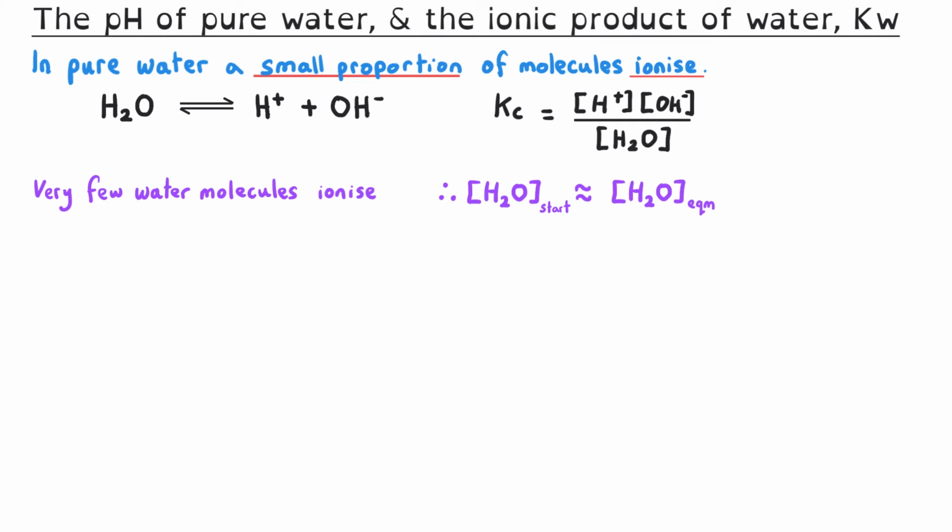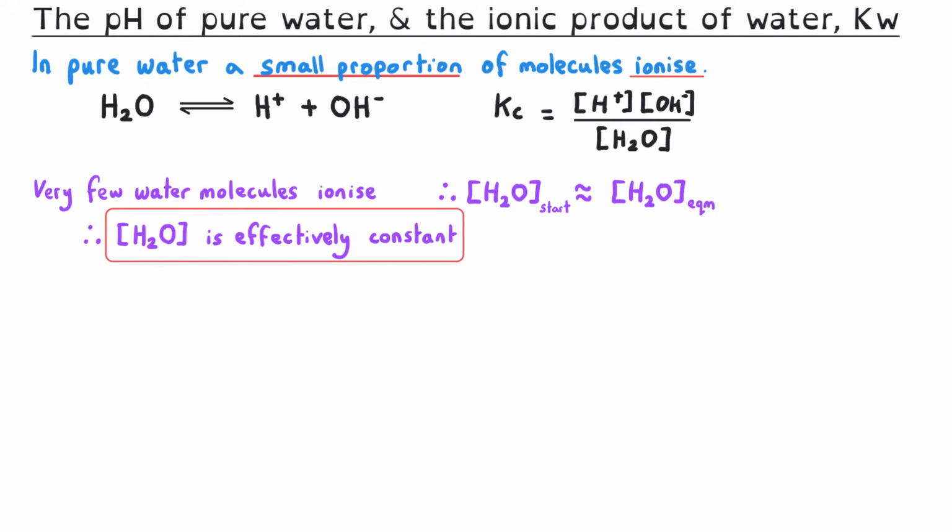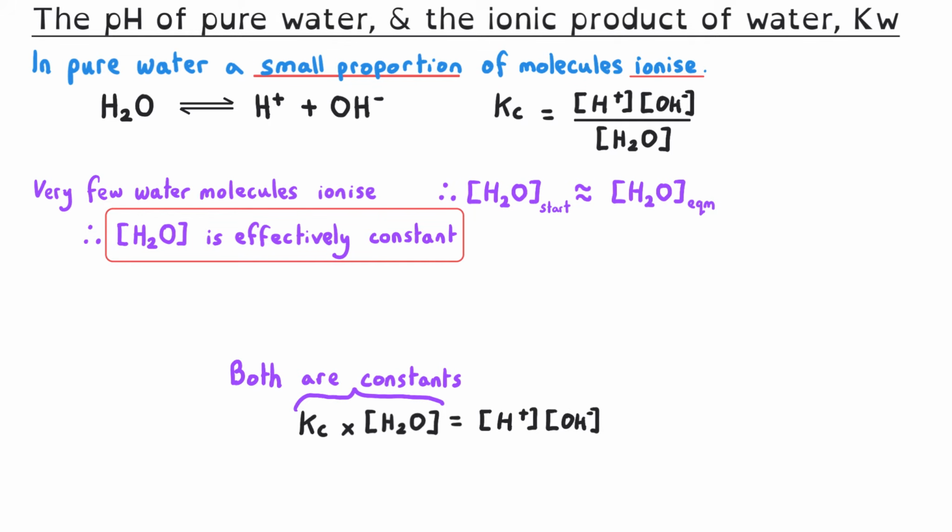And so we can consider the concentration of water to be a constant value. And so if we put both of our constants on the left-hand side, you can see we've got Kc multiplied by the water concentration is equal to the hydrogen ion concentration multiplied by the hydroxide ion concentration.